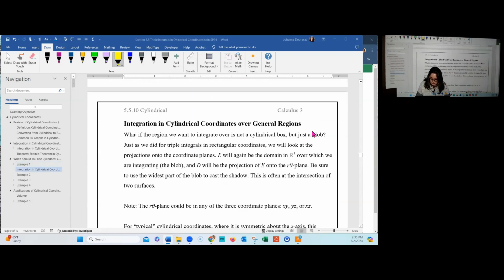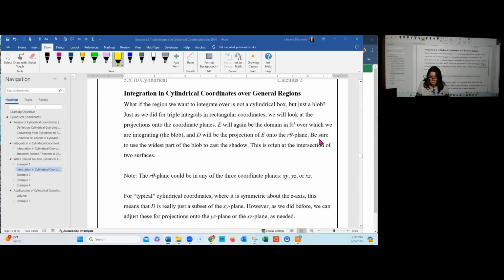Now that we've taken a look at this, let's talk about integrating over a general region and not just a cylindrical box. As you are well aware by now, we typically want to integrate over blobs in 3-dimensional space. So again, we'll let the letter E represent our domain in R3 over which we're integrating, otherwise known as the blob.